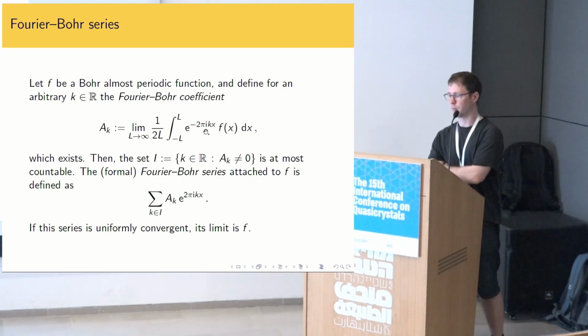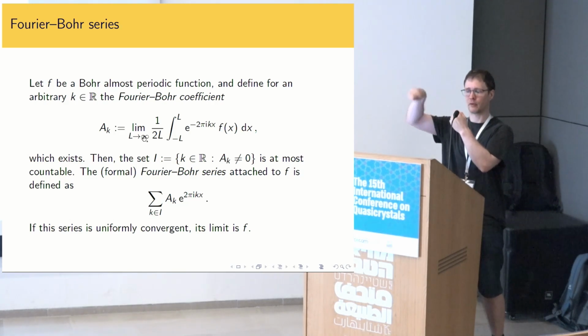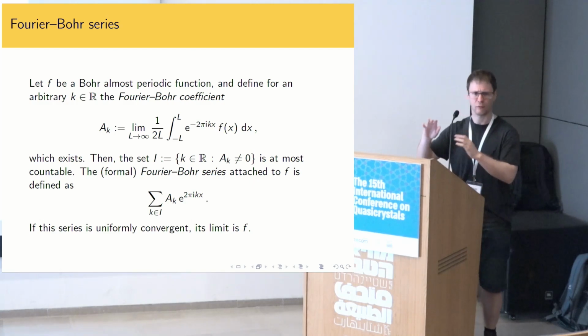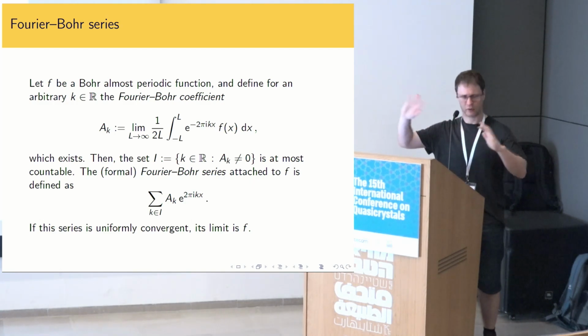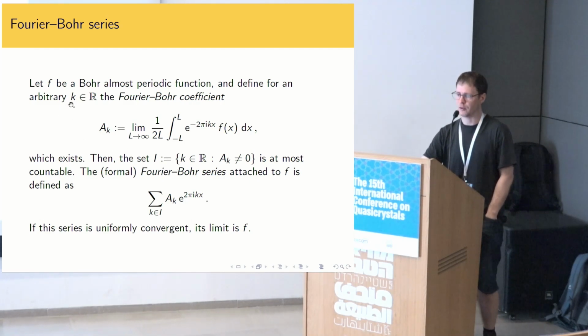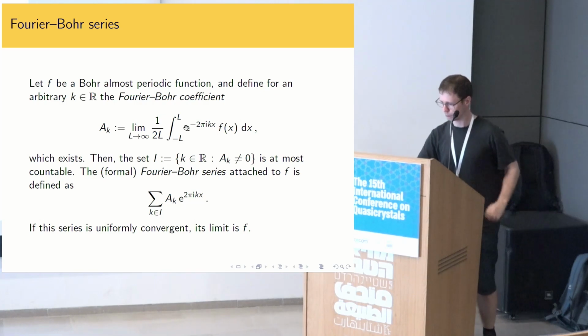It's e to the minus 2 pi i k x times f of x dx, and divide by 2L, and let L get bigger and bigger. And one can show that this for a Bohr almost periodic function always exists. And one can also show that the set of k for which this is non-zero is countable.